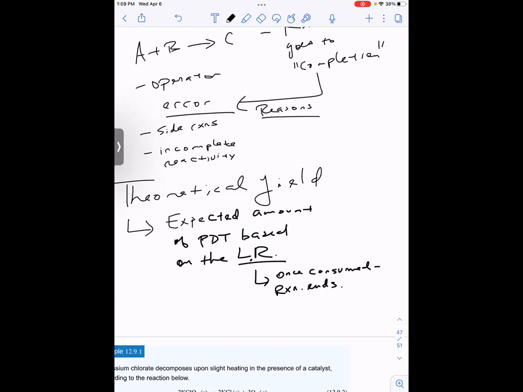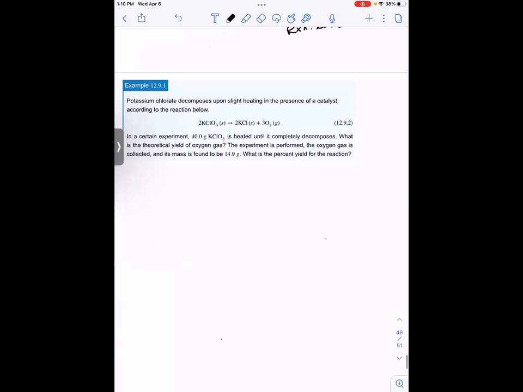In some cases, you may look at a reaction and you may see the coefficients and assume that because one coefficient is lower than the other, that is limiting. And that's not the case. You have to go and investigate that. You have to go through the process, convert everything into moles, and figure out which one is going to give you the least amount of product. Because as we talked about on Monday, that's what the limiting reactant does. It is the reactant that gives you the least amount of product based on the stoichiometry. So we got an example here that we're going to look at.